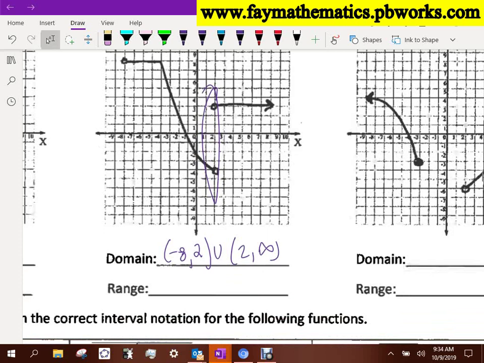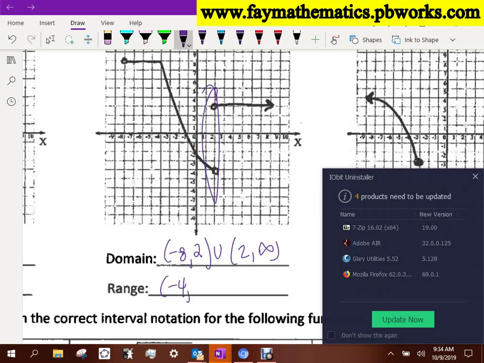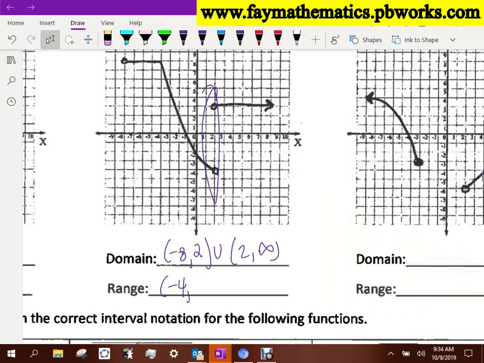The first range, y value would be -4. Then as I move up, there's an open dot here at 3, but will I have y values of 3? Yep. And I keep going, and I get to 8, and there's an open dot at 8. But there's a line here, so that tells me that there are y values of 8, right?